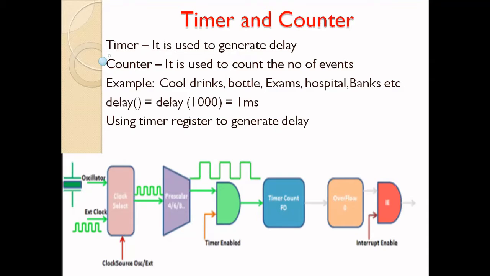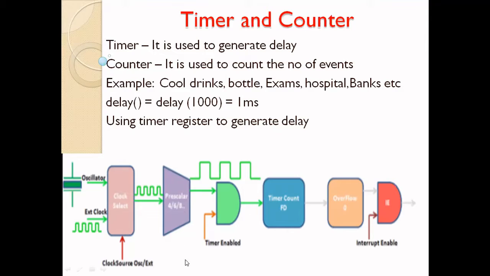There are a lot of options. The first one is no division: directly that frequency will go to the next stage. Or you can divide by 2, 4, 8, 16, 64, etc. If you divide 16 megahertz by 4, you get 4 megahertz, which comes to the next stage.